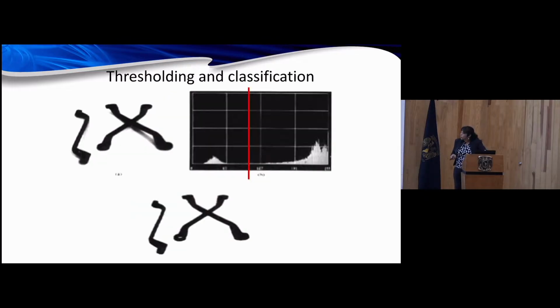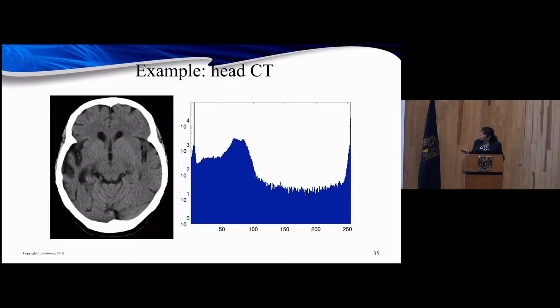Okay, so thresholding is like you have a histogram of the image based on their intensities, and then you put a threshold. And from here to the end, you will say all of these, I'm going to give them a number 1, and from here to here, I'm going to give them a 0. So I'm thresholding the image, and instead of having these shadows, let's say, it will give me this. The problem comes later.